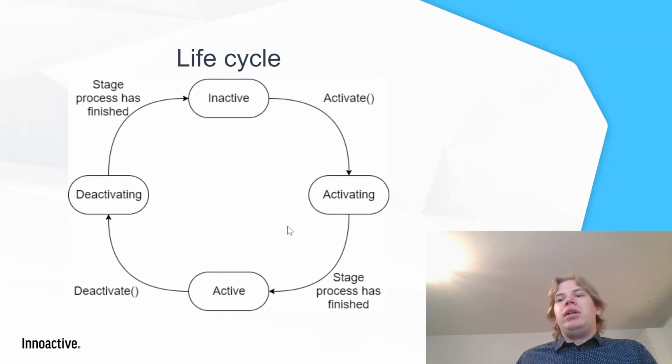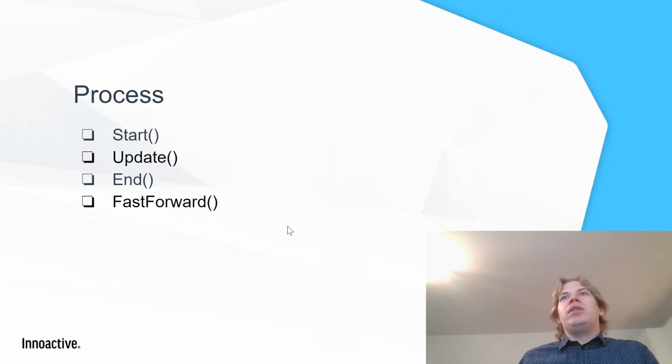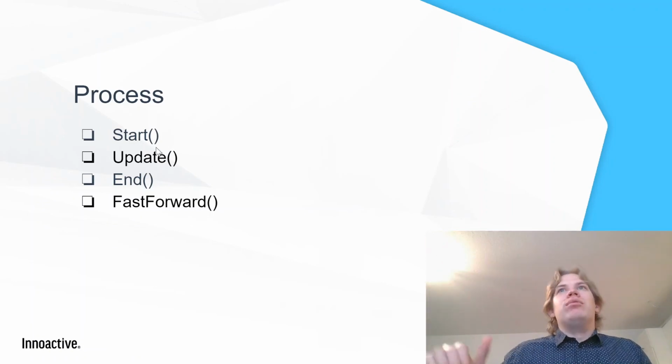So what do we do here? Well, we call the fast forward method. The fast forward method is supposed to make sure that we fake that we went through the update method completely, and then the end method is called.